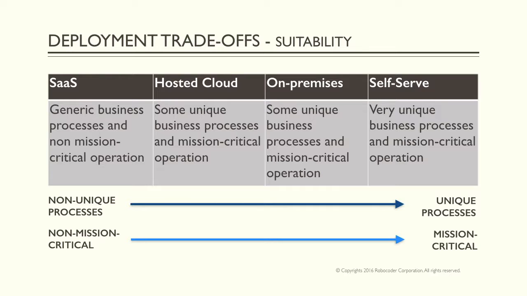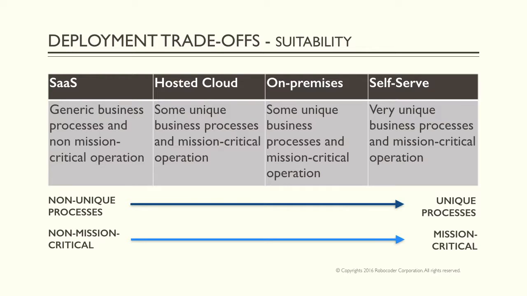Going from left to right, software as a service or SaaS require that many companies be sharing the same application and databases, making it most suitable for generic business processes, non-mission critical, and with little or no customization for each individual company.